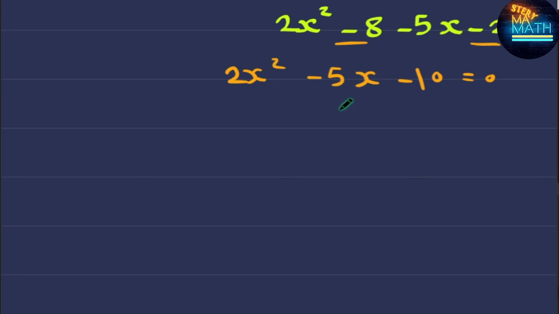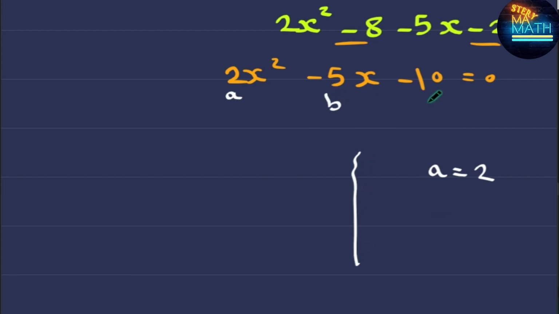Now, is it in the standard form? Yeah, it is. As usual, a is the coefficient of x squared, 2. B is equal to negative 5, and c is equal to negative 10. I think you have mastered how to solve it with the quadratic formula.